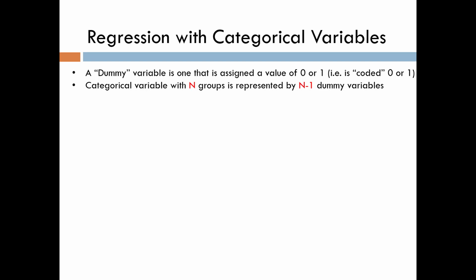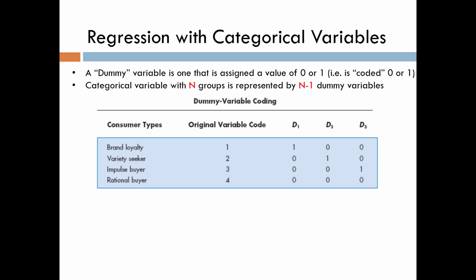You would need to represent them via a series of dummy variables, each coded 1 or 0. In general, to represent n groups, you need n-1 dummy variables. For example, let's say you want to include consumer type as an independent variable in the model, and there are 4 types of consumers in your sample: brand loyals, variety seekers, impulse buyers, and rational buyers, coded 1 through 4.